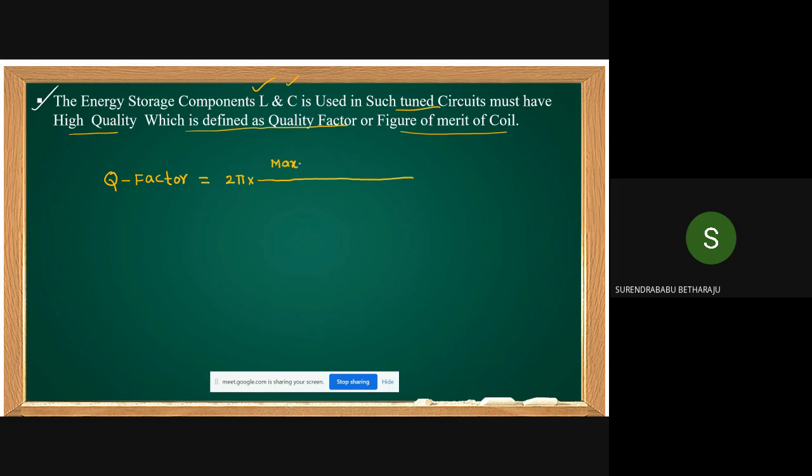Very important formula, please concentrate. In detail about it I will give later. Q equals 2 pi into maximum stored energy per cycle of supply, divided by energy dissipated per cycle of supply.